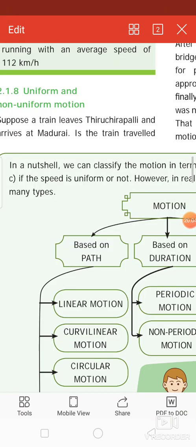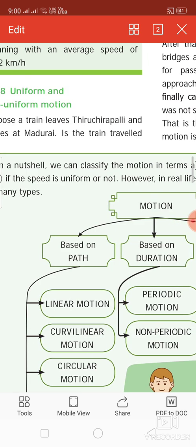Next, we need to see uniform and non-uniform motion. Uniform or non-uniform motion we can calculate by means of time. Suppose you travel in a train from Trichy to Madurai. The train will not travel at the same speed throughout, because when it reaches the bridge it slows down.